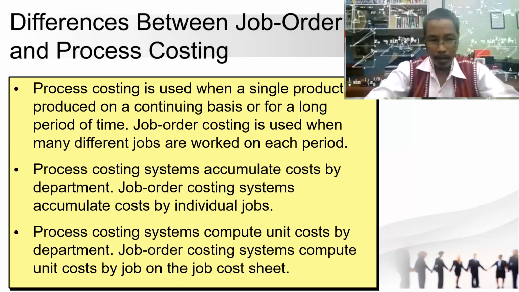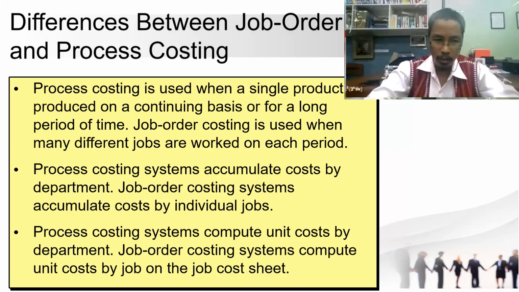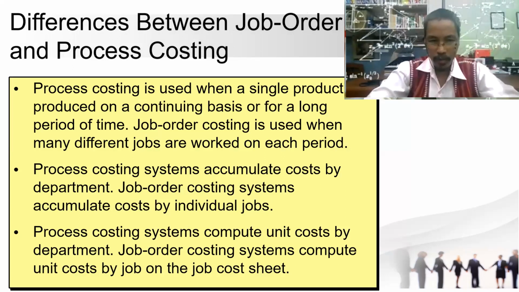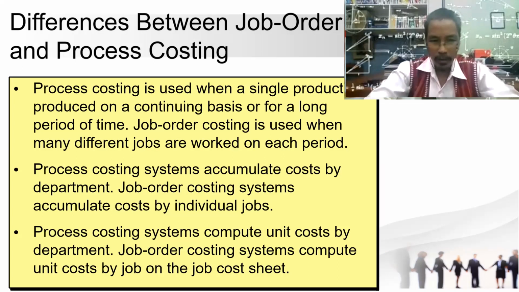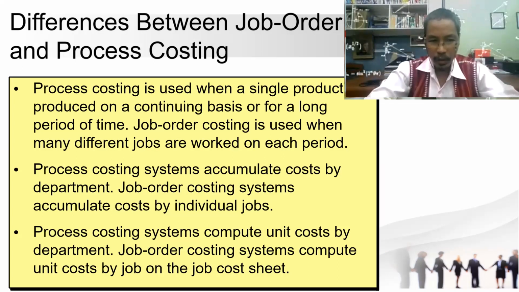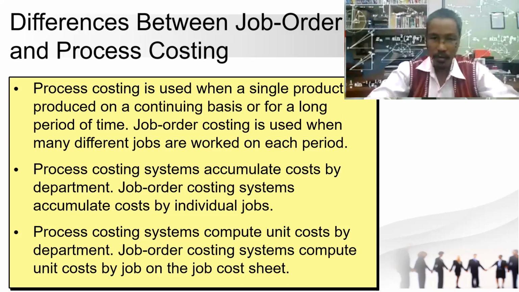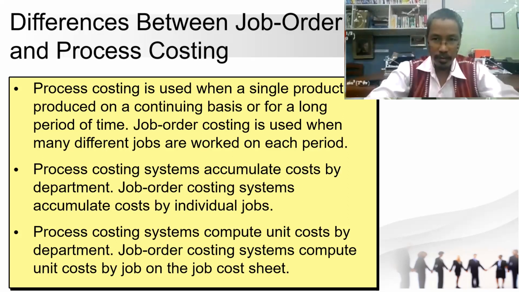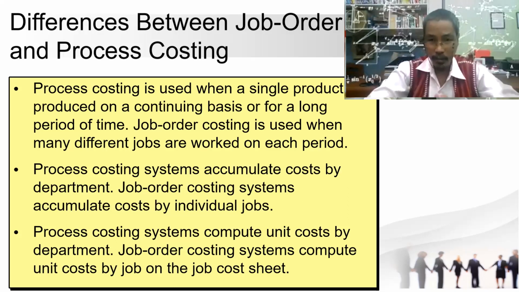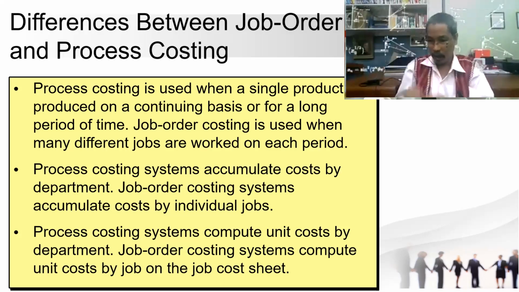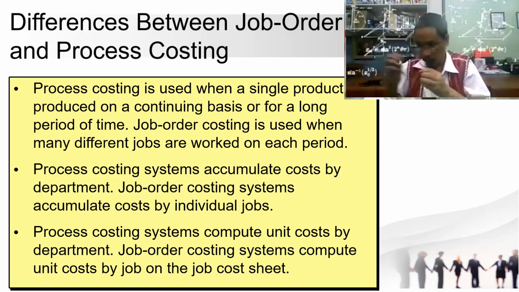Okay. Another difference, number 2, process costing systems accumulate costs by department. Job order costing systems accumulate cost by individual jobs. Accumulate meaning the recording is being distributed. I will record this one here. I will record this one here.